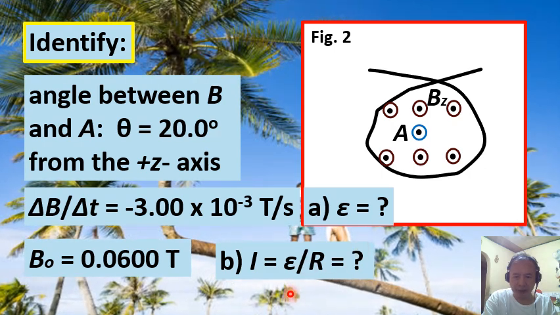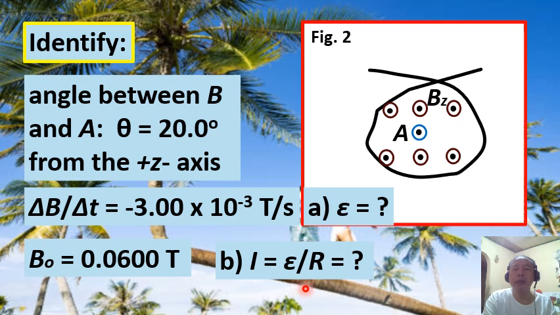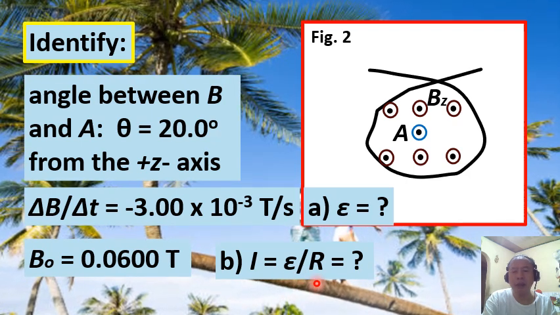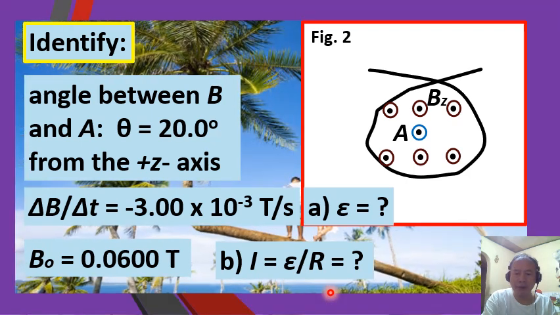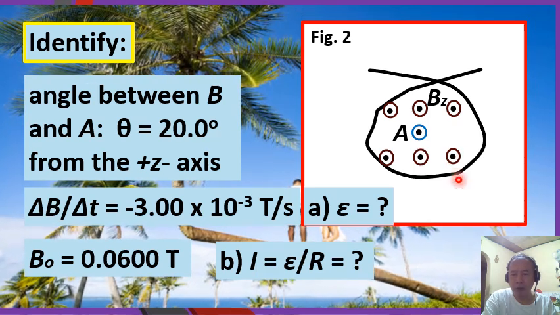So this current, I, is just equal to the induced EMF epsilon divided by the given resistance R of the coil.